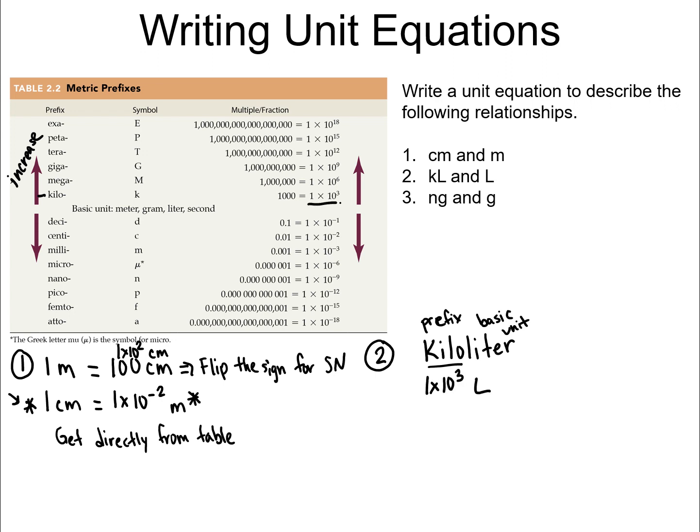All I did was fill in the number here on the chart in place of the prefix. Now if I say that I have 1 kiloliter, and then I replace kilo with the prefix and write liter after it, I now have my unit equation.